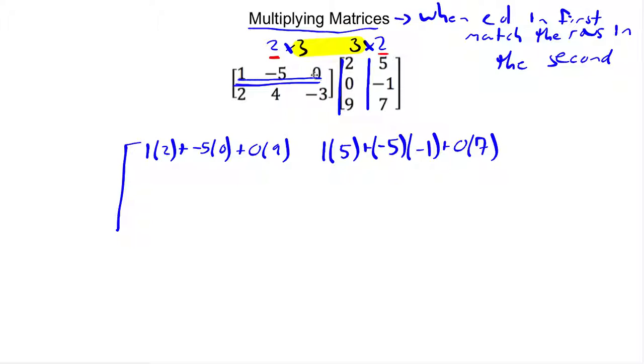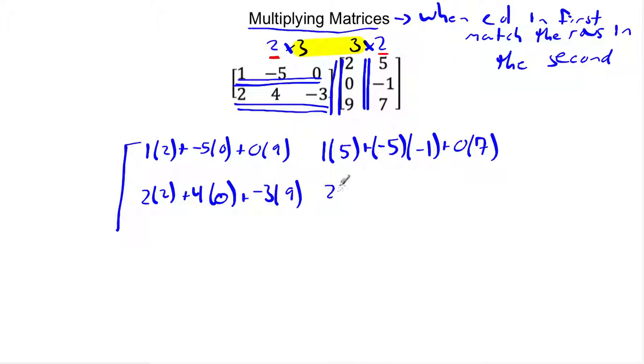So now I've used this first row 2 times. So I move on to the second row, and I multiply that by the first column. So I get 2 times 2 plus 4 times 0 plus -3 times 9. I've used up the first column, so I move on to the second column.